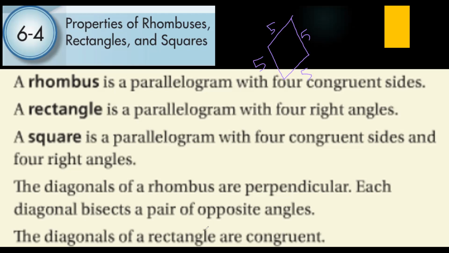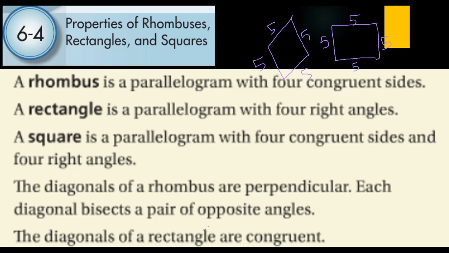Sometimes you will say, teacher, it's like that square. In the square, all the four sides are congruent. So both the rhombus and the square have four equal, or four congruent, sides.